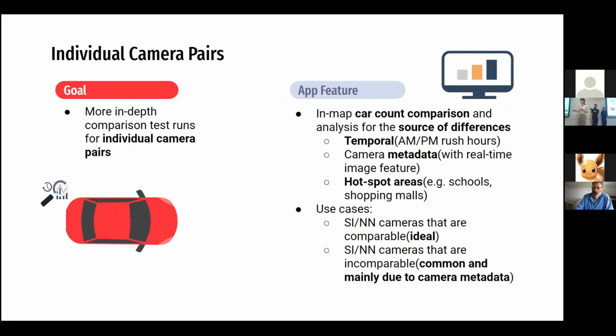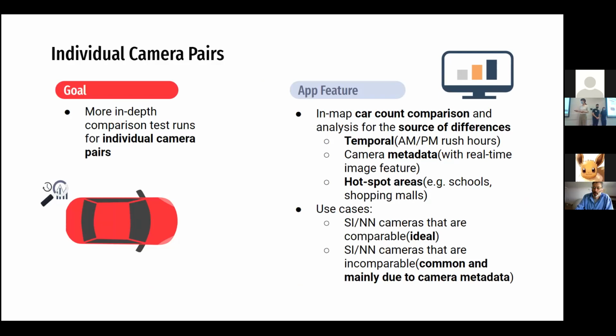And we are also interested in doing a more in-depth comparison for individual camera pairs. So here comes our app feature, which supports an in-map car count comparison and analysis for the source of differences from the following perspectives: the temporal, camera metadata, and hotspot areas.